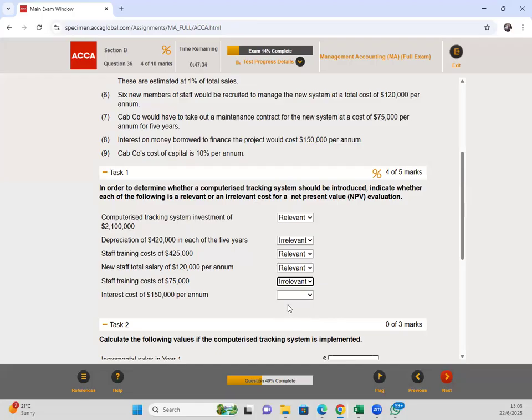Interest of 150 per annum, would need to pay interest. So the question was saying, let's go to, oh, the interest is actually there. Relevant.